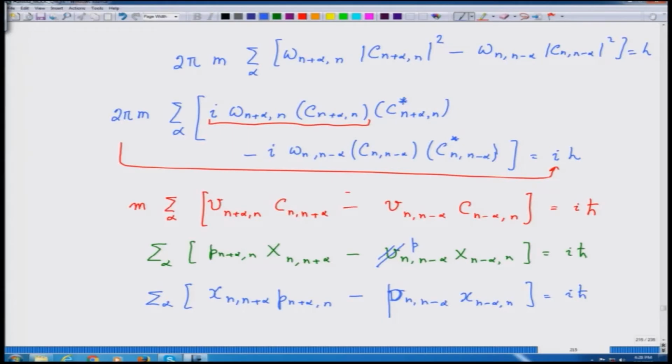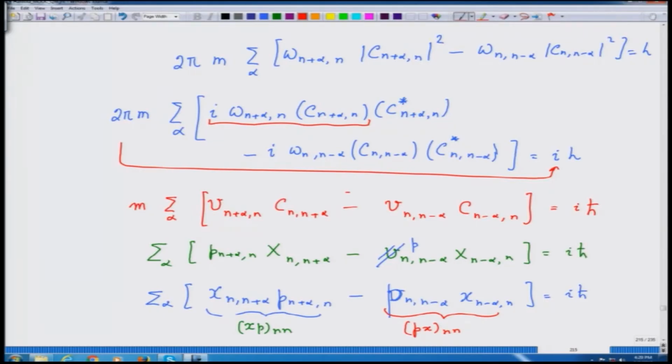Recall that I am summing over α, so this whole quantity represents nothing but (xp)_{nn} by matrix multiplication rule, and similarly the other quantity represents (px)_{nn}.